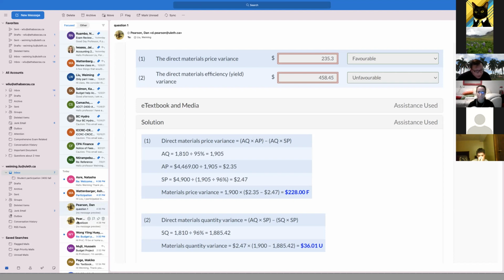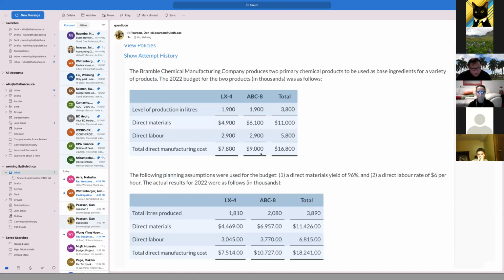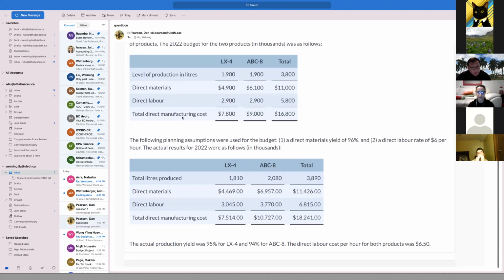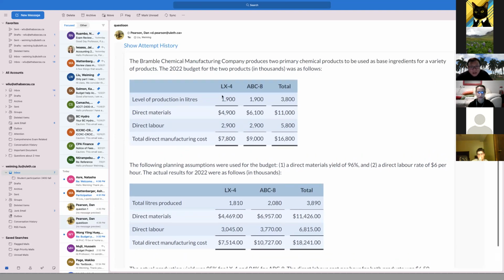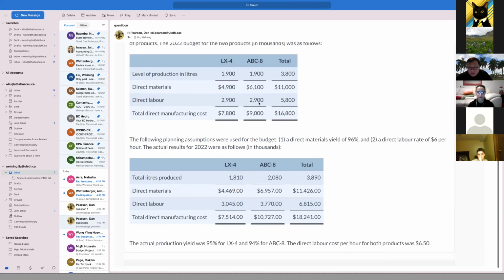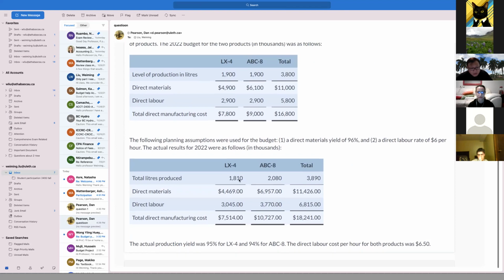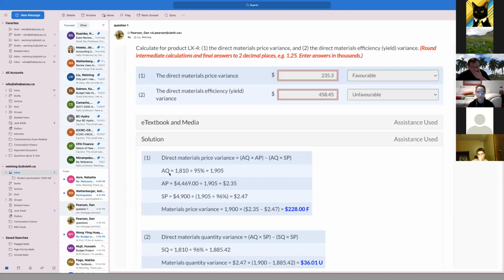So here, let me take a look, okay? So standard SP, so 19, right? This is all 1900. And this is the total produced, right? So actual quantity, you use 18 divided by this. This is how much you need to bring in.